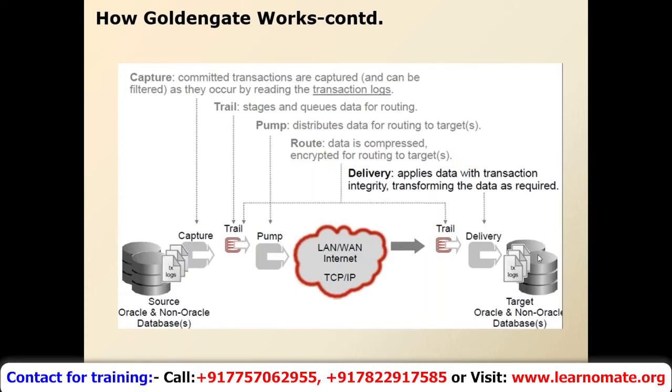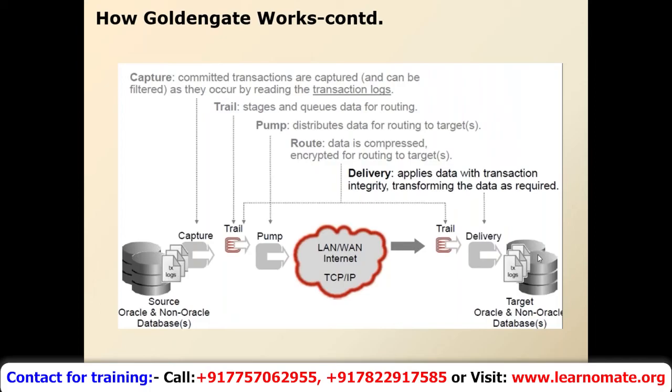So there are three processes involved in GoldenGate: capture, which is also called extract, then the data pump process, and then delivery, which is also called the GoldenGate replicate process. The capture process captures the data by reading the transaction logs of the database and writes it to the local trail file.